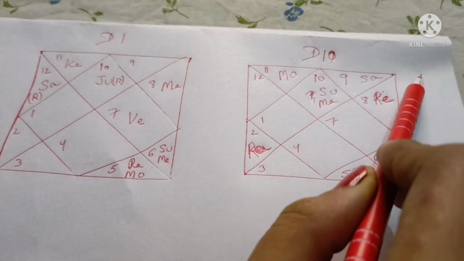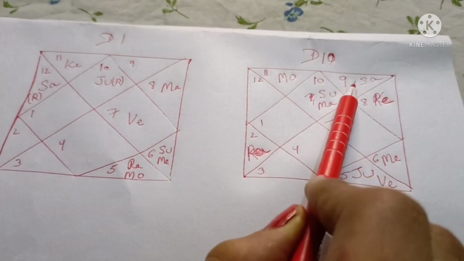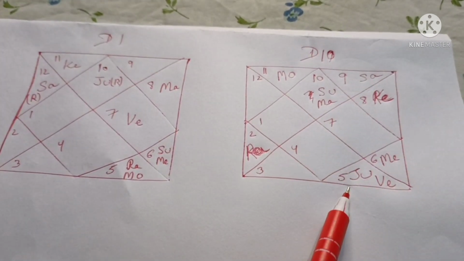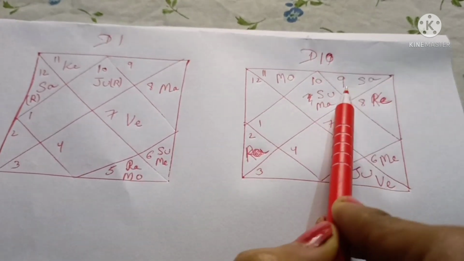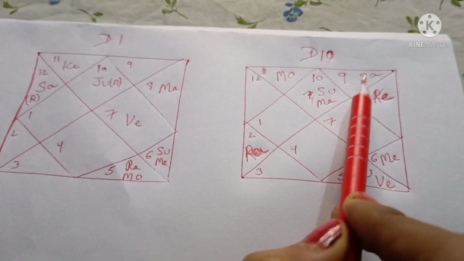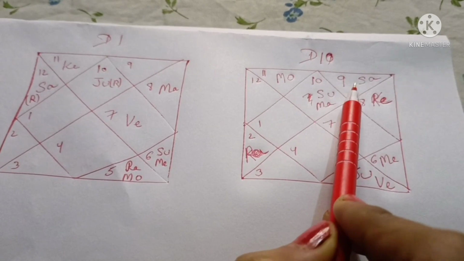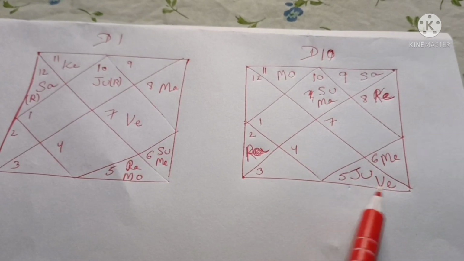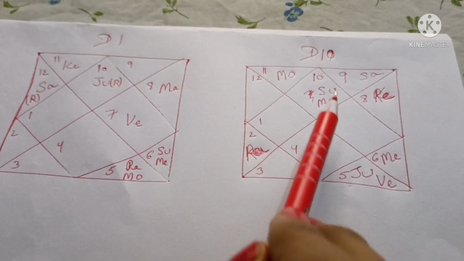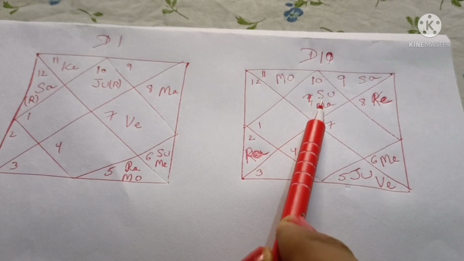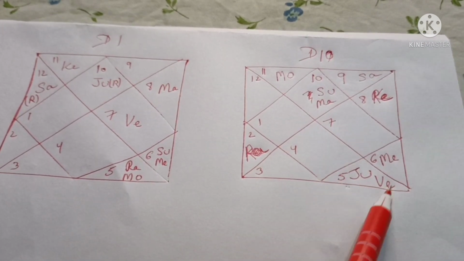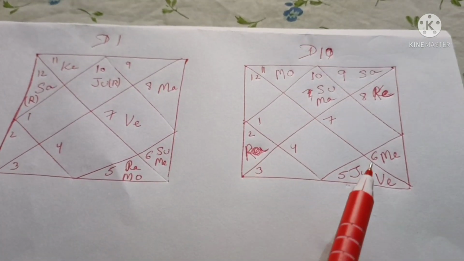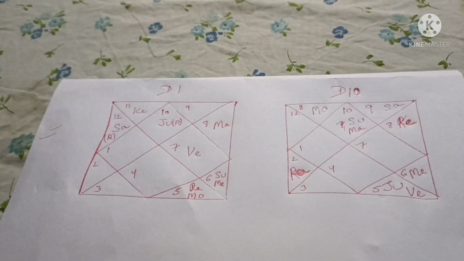Dispositor aspects the 12th house, its own house, okay, from the 8th house, which is blessing this house, which is making her work and giving her lots of courage and determination to work, okay, because the dispositor is aspecting, right? But now Mars is afflicting this 8th house, which shows that she can face certain ups and downs in her career.